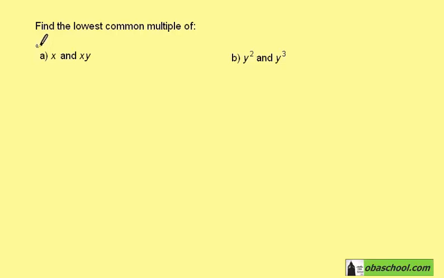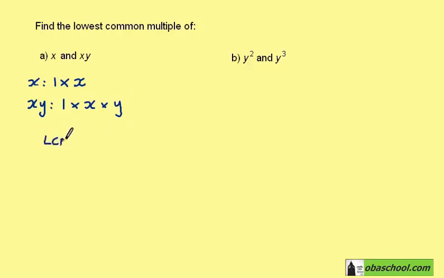We want to find the lowest common multiple of x and xy. X could be written as 1 times x. Xy can be written as 1 times x times y.